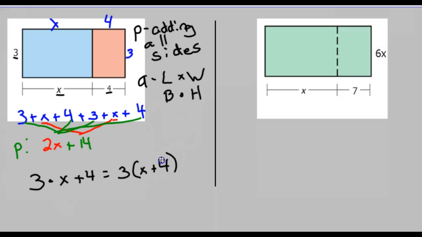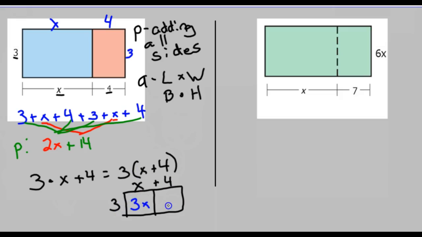Now this is where we use our box. So we have 3 outside of our parentheses, and inside is x plus 4. So we're going to draw our box. On the outside goes our 3. On the top here we'll put x plus 4. And then we just multiply. 3 times x, that's going to give us 3x.